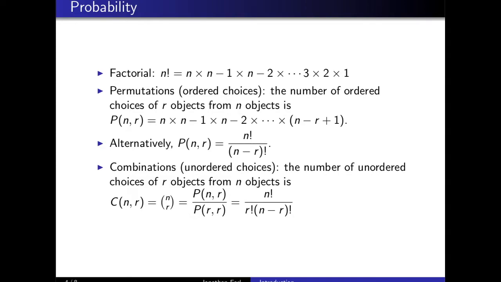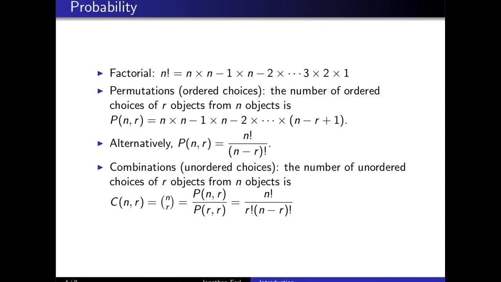So suppose that we have a set of n objects and we want to arrange r of them. The total number of ways you could do it is n times n minus 1 times n minus 2 all the way down to n minus r plus 1. Or in other words, you have n factorial divided by n minus r factorial.